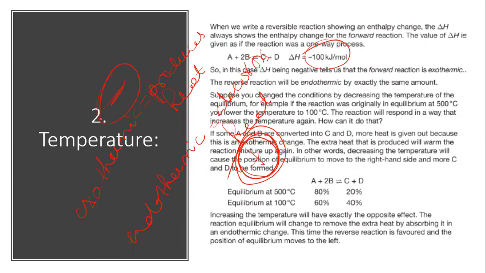So if it says minus 100 kilojoules per mole, that is telling you that energy is being produced, that we don't have to give that 100 kilojoules per mole of energy. Instead, we will get this much energy. So this is how you tell if it's exothermic or endothermic, by looking at the delta H values.